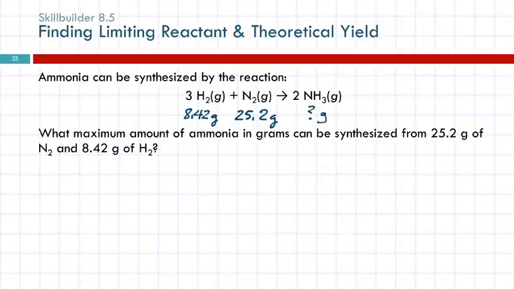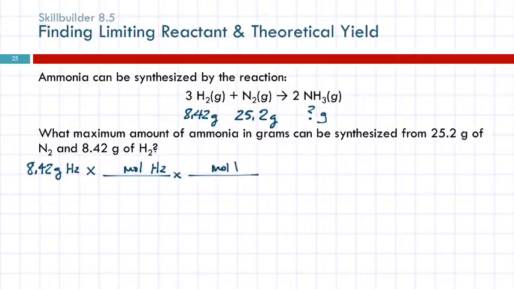So again, I'm going to have two calculations, grams to moles to moles to grams. So let's start with 8.42 grams of hydrogen. Grams to moles of product. This time it's ammonia.